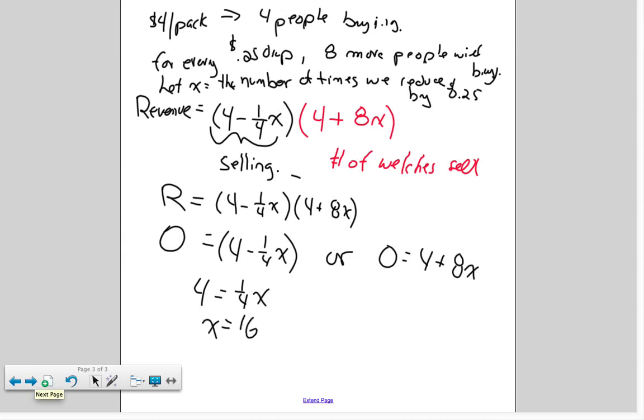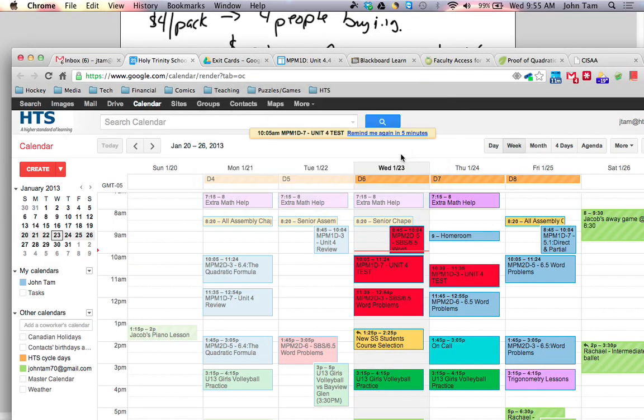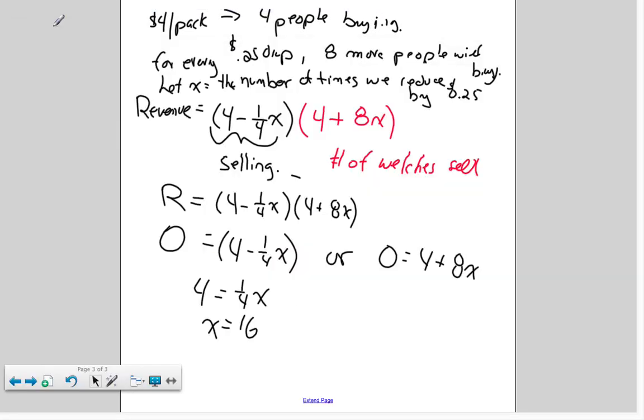How come those brackets are on one without the other? Doesn't matter. I just put them there as I grouped it. So here the other zero is, -4 is equal to 8x. So x is equal to -4 over 8.